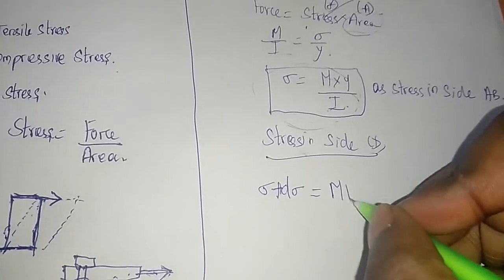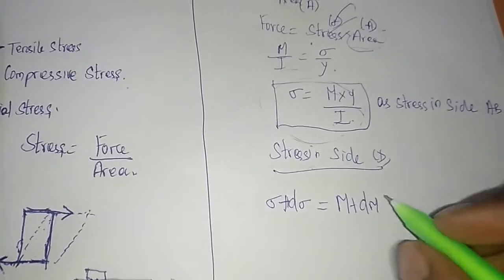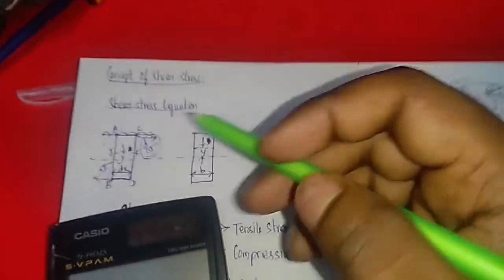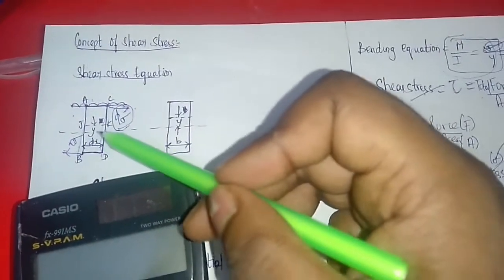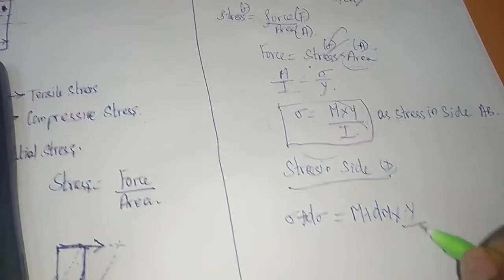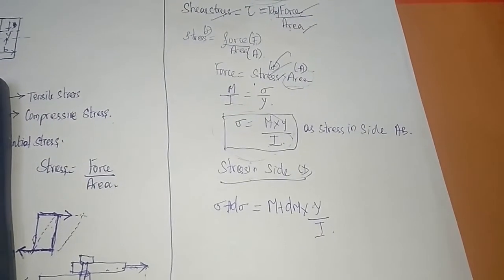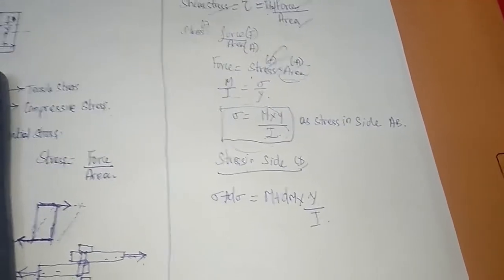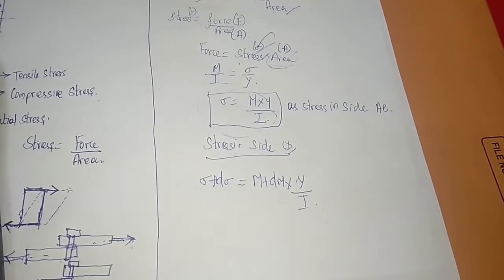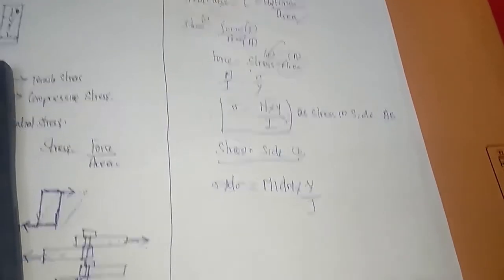That is M plus dM into Y, because the distance is the same, as we focus on a particular section. So that is Y, and the moment of inertia is also the same on the section. You understand? So the stress on side CD is sigma plus d sigma equal to M plus dM into Y by I.